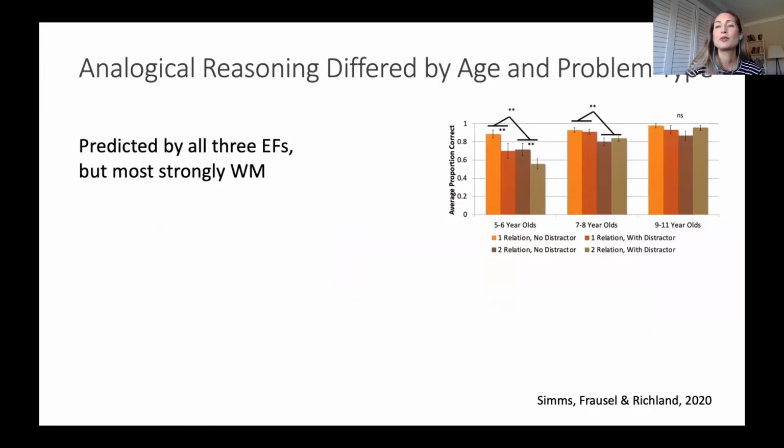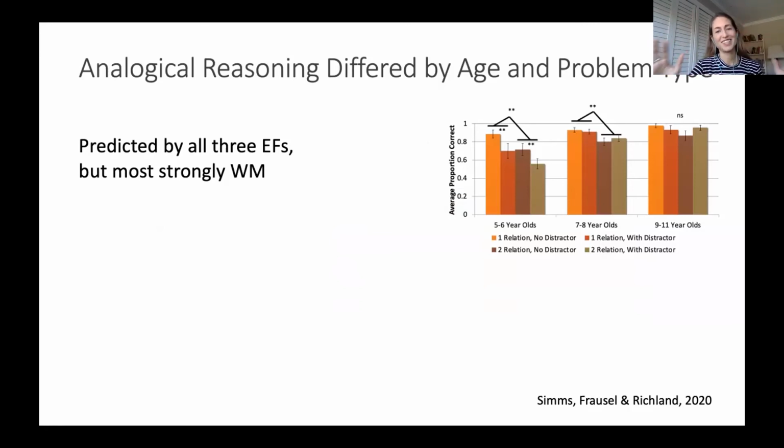And in other work that I've done, Alex Dumas and Bob Morrison and I have described data in which we use inhibition paradigms or parameters to predict differences in relational learning and in relational performance.